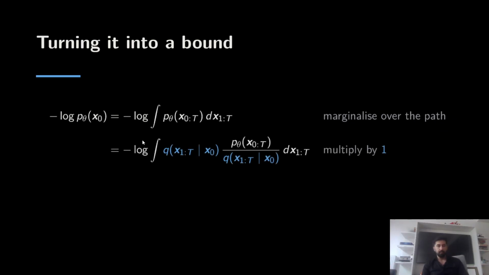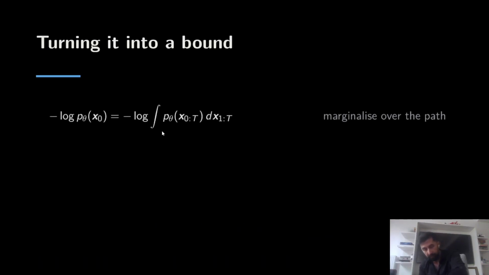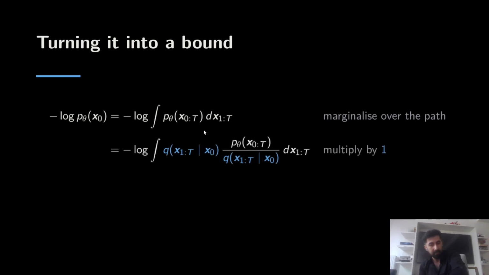One trick is, if we go to the previous slide, we had the forward and the backward. Instead of doing the log likelihood of the backward, we multiply and divide by the forward process q, which is equivalent to multiplying by 1, because we're multiplying and dividing by q of xt knowing x0.